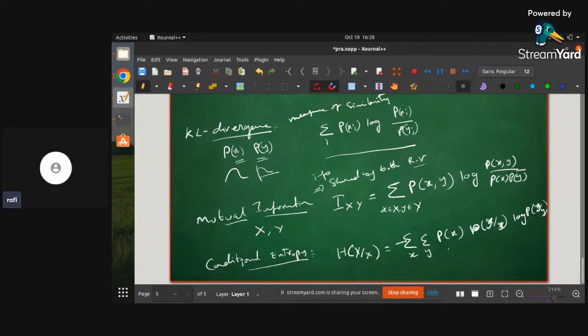So everywhere it is y given x. Now p of x into p of y given x, according to Bayes rule, is p of x comma y by p of x, so this p of x gets cancelled. You can also write this as p of x comma y log p of y given x, with a minus sign, or equivalently log 1 by. So this is conditional entropy.